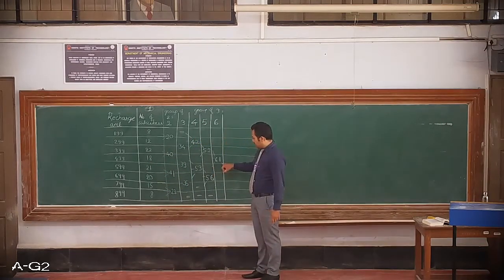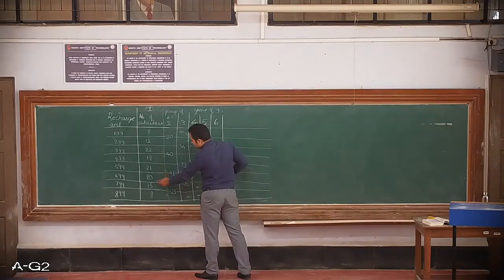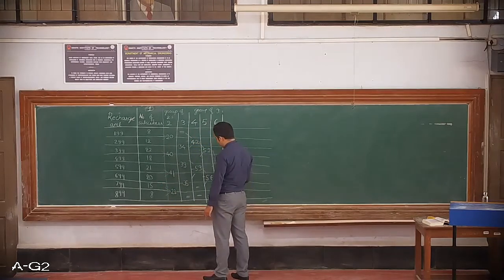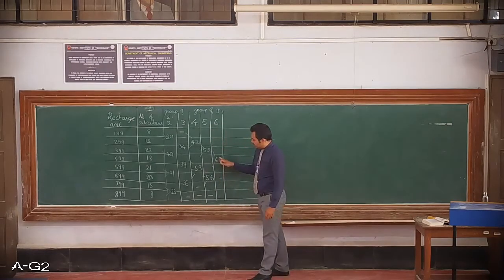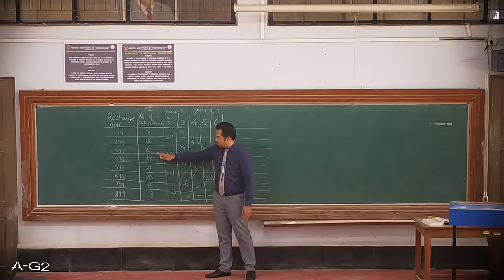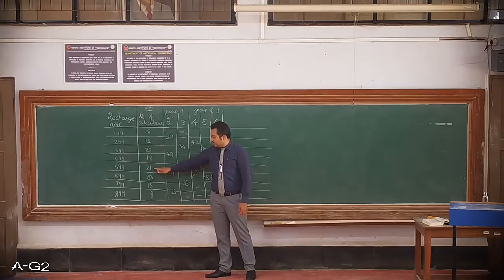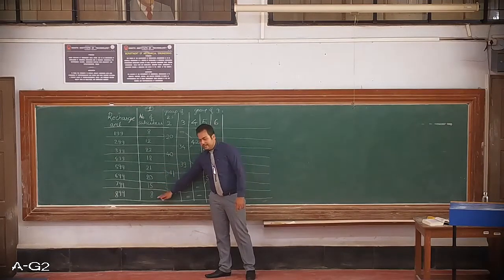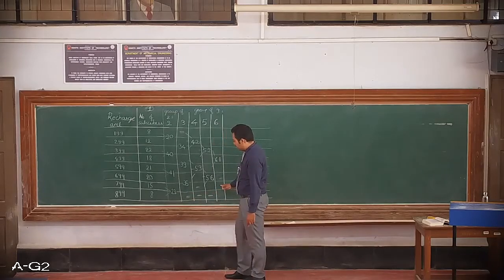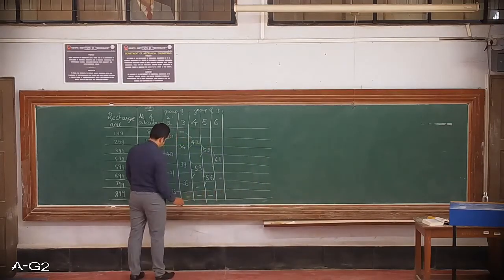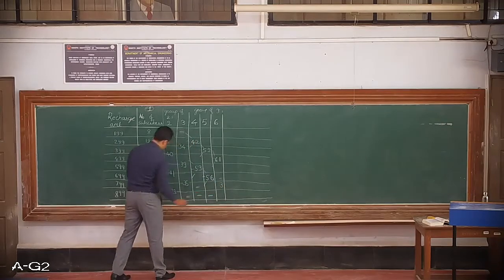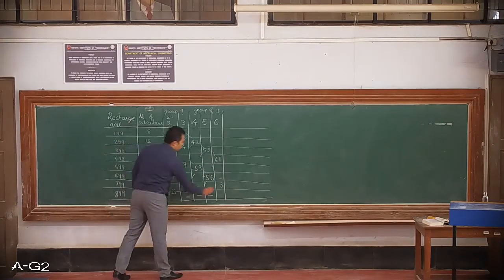So this gave me 61. Sorry, 61 we have got by adding 22, 18, and 21. Then the next 3 elements are 20, 15, and 8. So I have to add these last 3 elements for the second group. So 20 plus 15 plus 8 gives me 43.